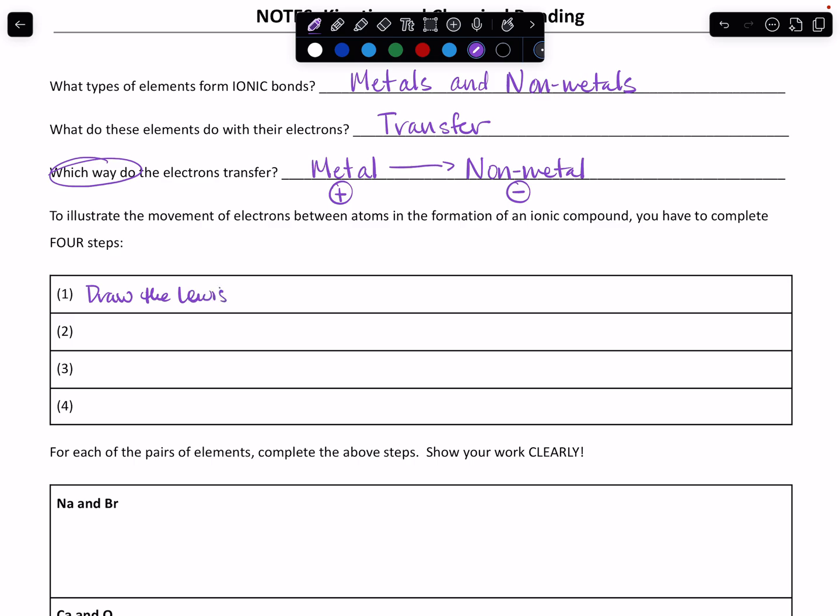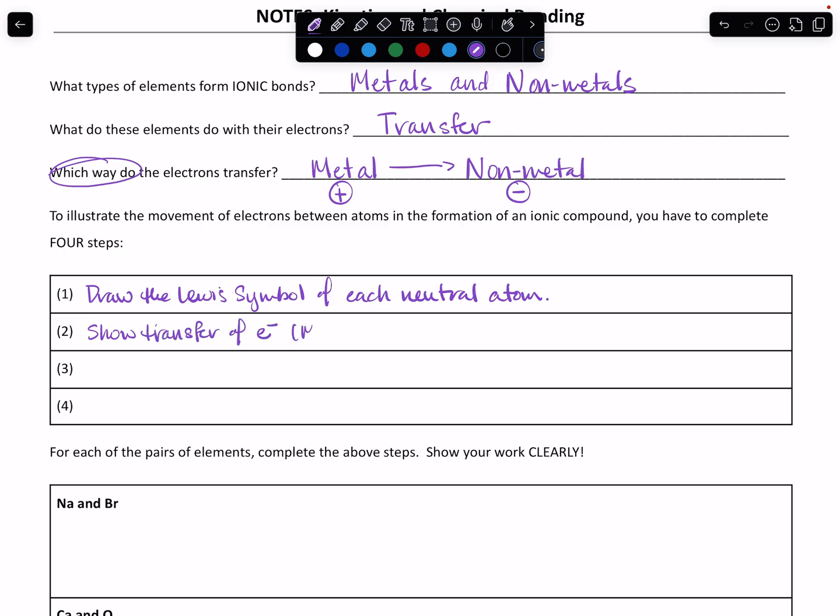The first, you need to draw the Lewis symbol of each neutral atom. And remember that Lewis symbol should show those valence electrons, and we put one electron on each side before we start to pair them up. The second thing we're going to do is show that transfer of electrons.